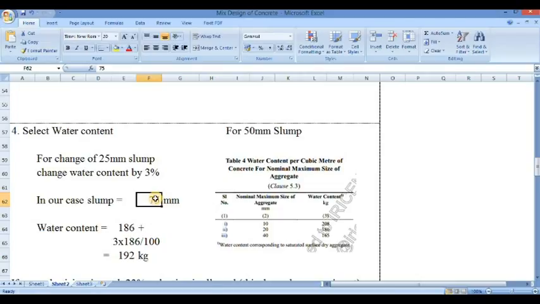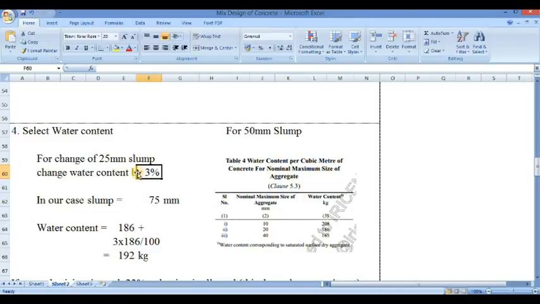The code suggests for increasing or decreasing slump by 25 mm, just increase or decrease the water content by 3%. So for increasing 25 mm slump, you have to increase the water amount by 3%. If it is 25 mm less slump, you have to reduce the water content by 3%.